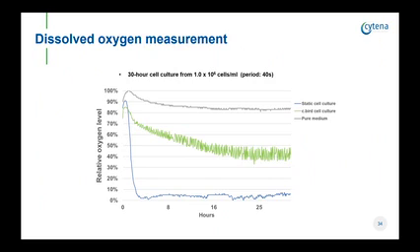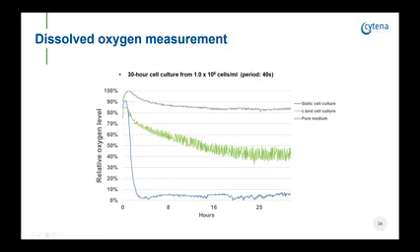Why is this the case? This data here demonstrates that one of the main reasons for this is limited oxygen supply in static culture conditions, which is basically the gold standard, right? Cultivation in well plates. So here we actually use sensors at the bottom of the wells on the well plates to monitor the dissolved oxygen during cell culture.